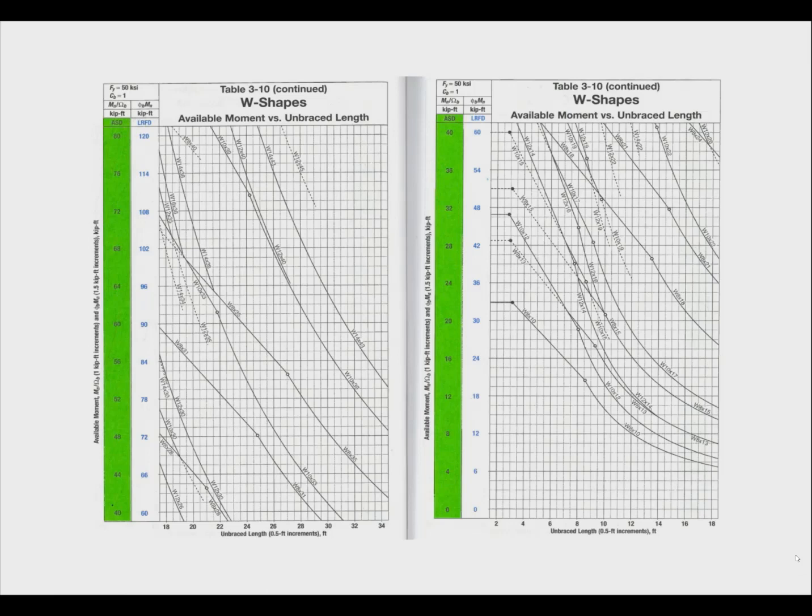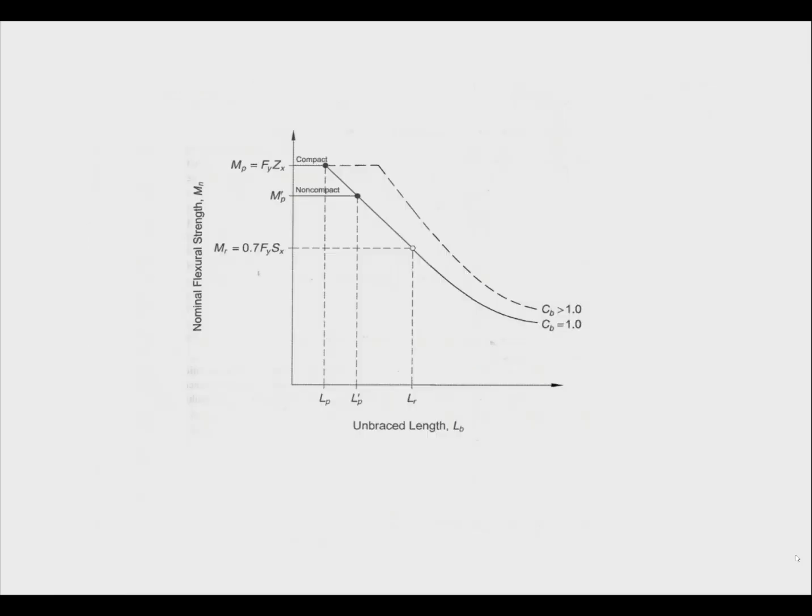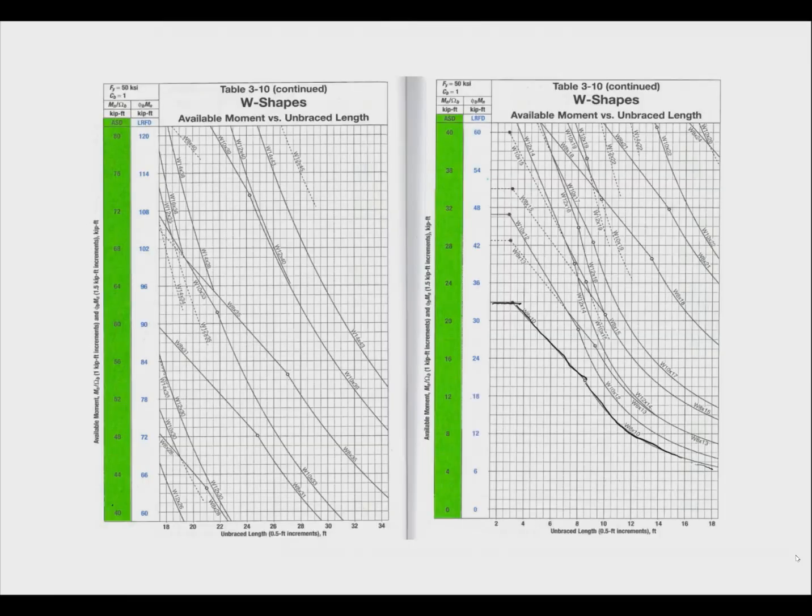So if we look at this chart, this curve, which corresponds to the W8 by 10 section, we see that this is just like the chart in the curve in the previous page. And for example, if we had an unbraced length of 8 feet, we could see that the strength is 21 kip feet. That's how we read off these curves.